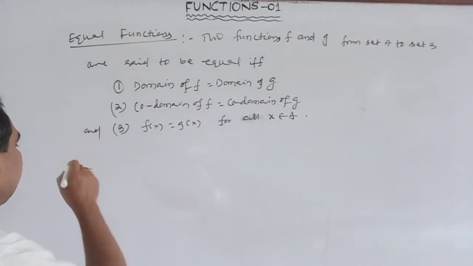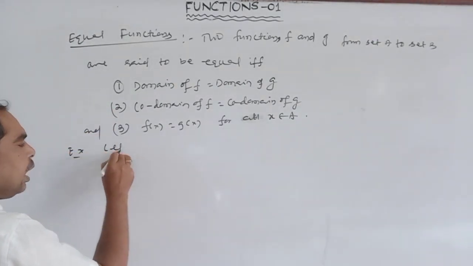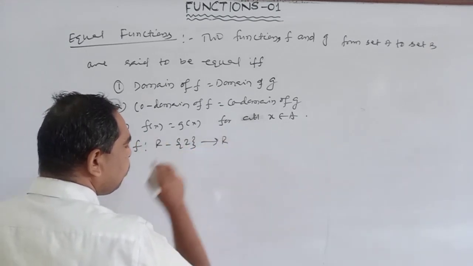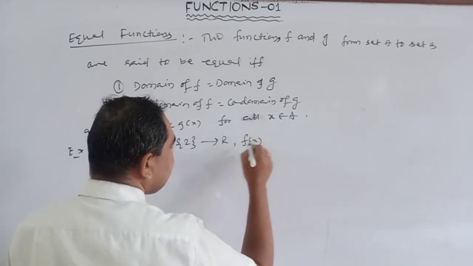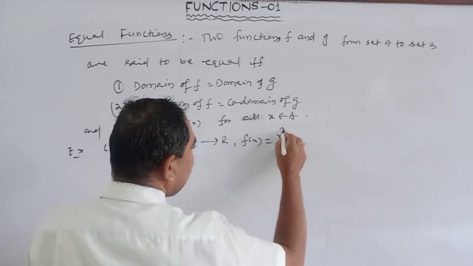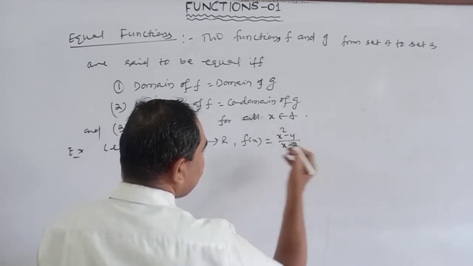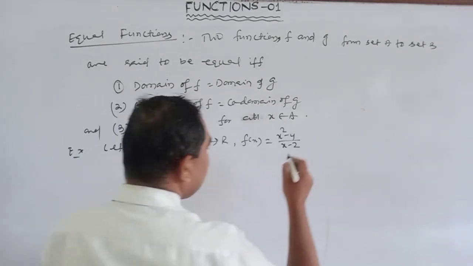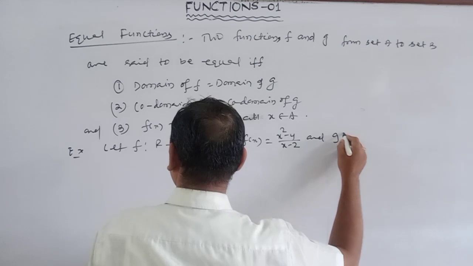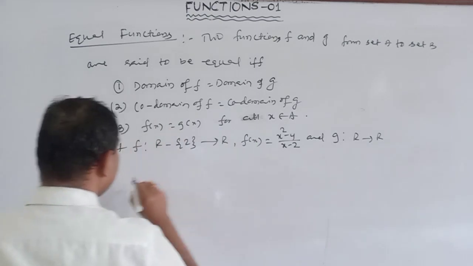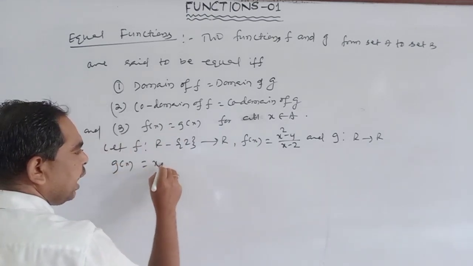Example. Let f be such that R minus {2} to R, f of x is equal to x square minus 4 divided by x minus 2, and g such that R to R, g of x is equal to x plus 2.